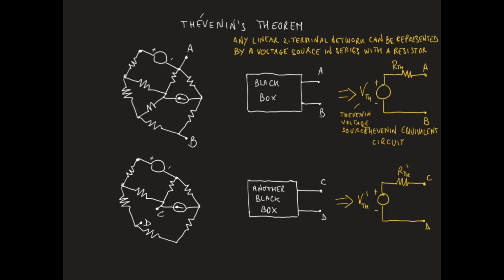Of course, this equivalent circuit will be different from the previous one. After the Thevenin equivalent circuit is found, we simply place the resistor across the terminals of the Thevenin equivalent circuit, calculate the voltage across it, and calculate the current through it by applying Ohm's law. We will see a few examples later on.